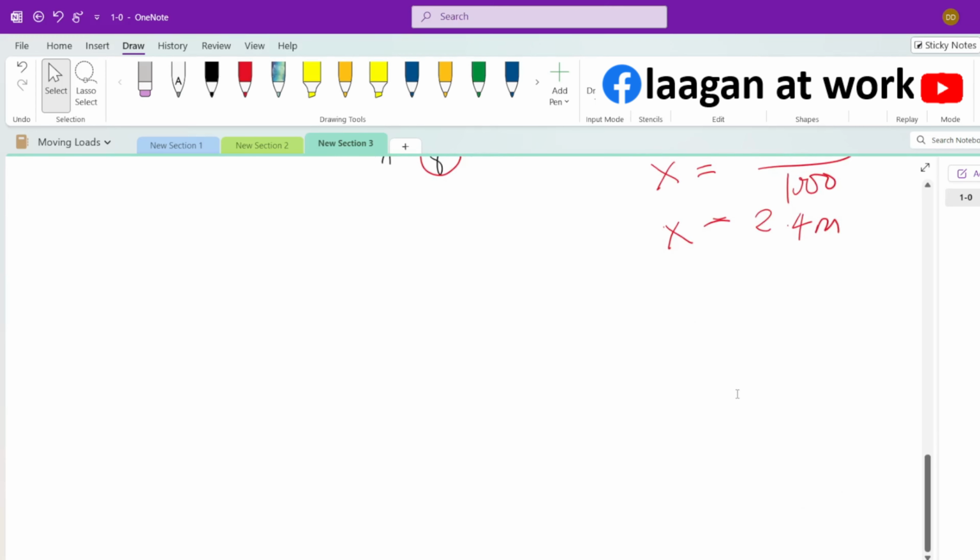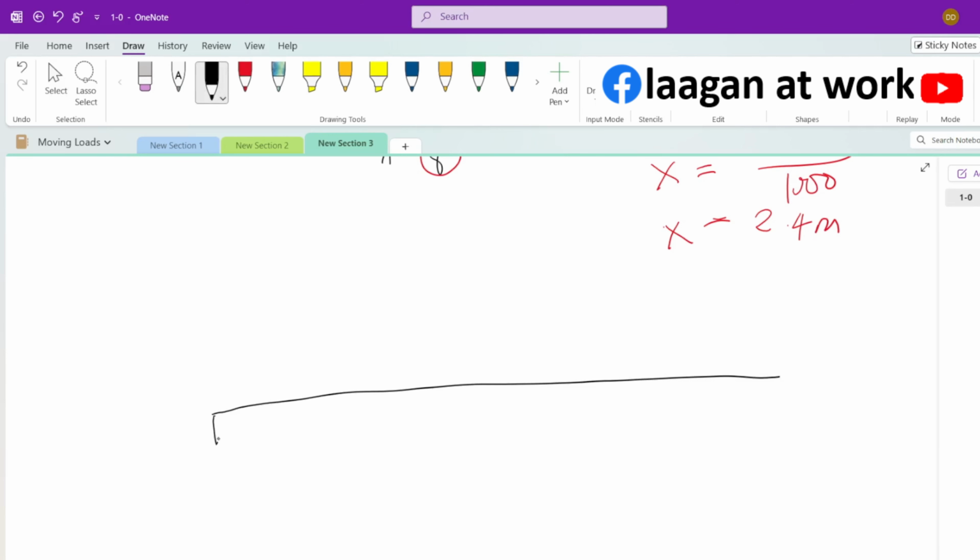So to determine the maximum moment for moving loads, if you have two moving loads, this is your span A B, which is 60 meters. So you get the B center line. This is 30 meters, this is 30 meters.